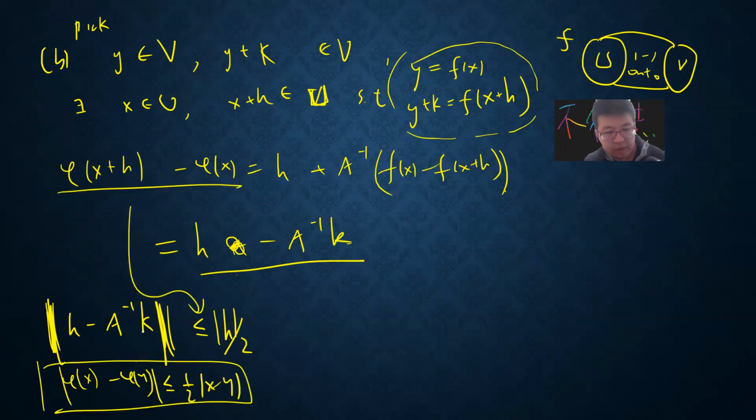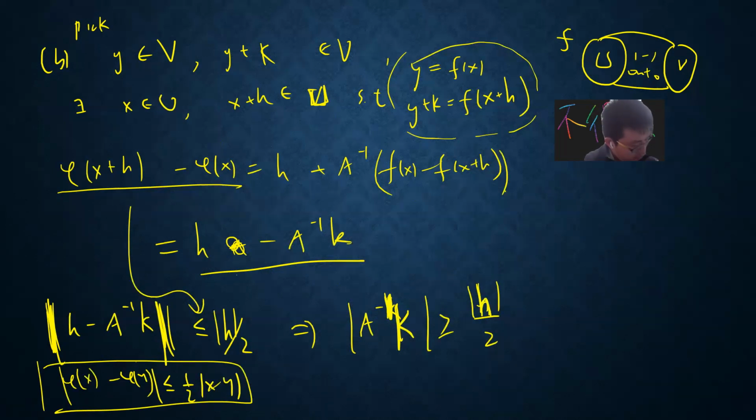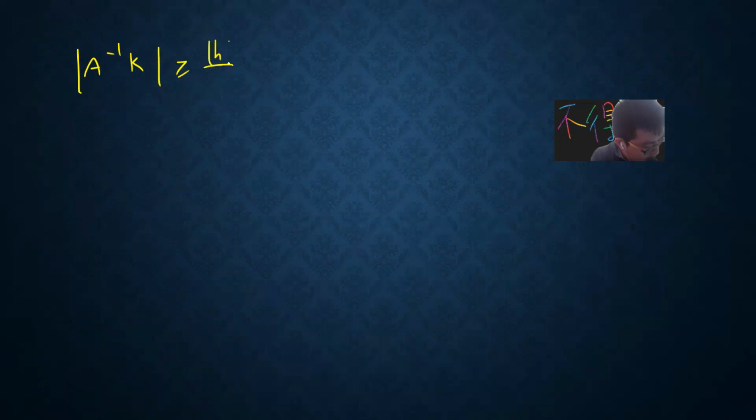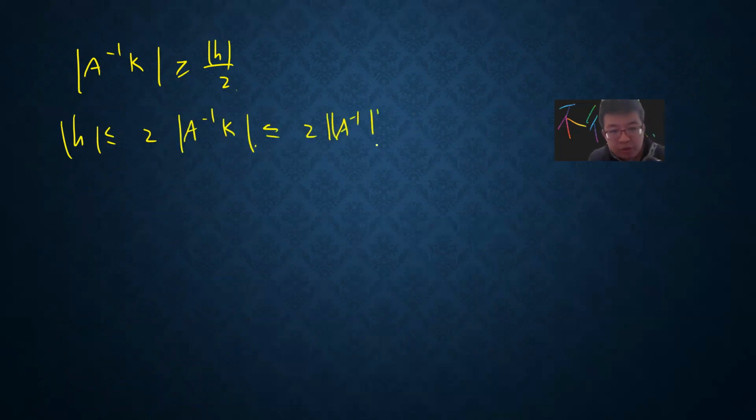So h minus A inverse k is bounded by h divided by 2, which tells you that A inverse k is greater or equal to h divided by 2. So that means h is less or equal to 2 times A inverse k, which is less or equal to 2 times the norm of A inverse times k, where it is k divided by lambda, by definition.